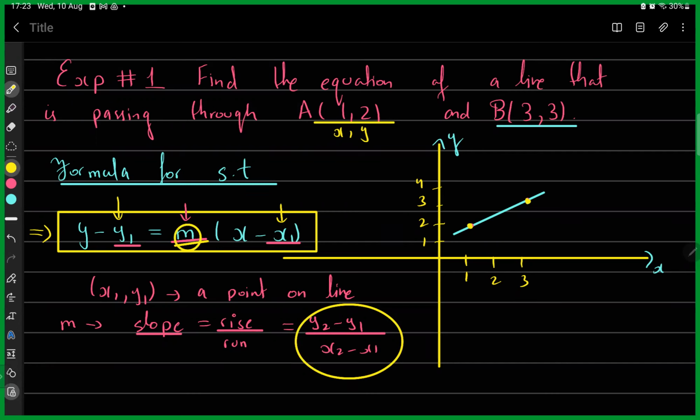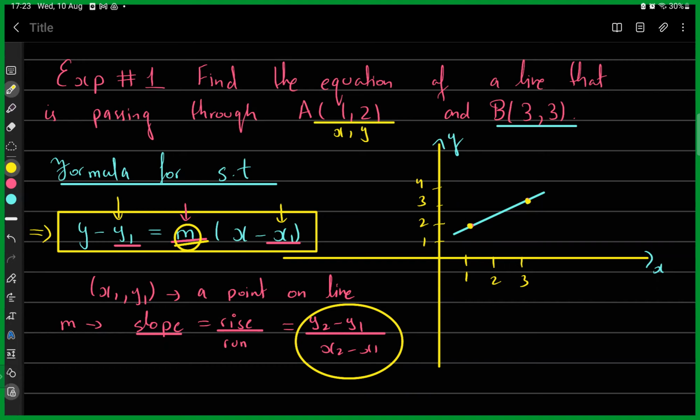It's y2 minus y1 divided by x2 minus x1. What is y1? What is x1? x1 and y1 are coordinates of a point lying on the line that we have already discussed. x2 and y2 are coordinates of a point lying on the line again. Okay, so in short, you need 2 points lying on the line, and you know that.